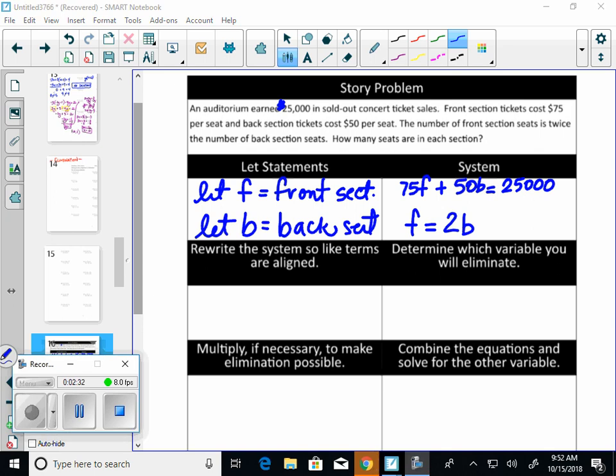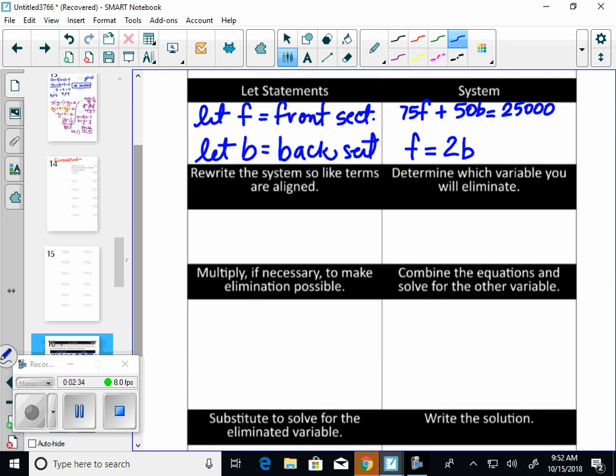All right, so once I've written my system, I want to rewrite it so that like terms are aligned, because remember, I want to be able to eliminate something here in a moment. So I have my 75F and my 50B, and that equals 25,000. I need to line it up with an F and a B with the second equation.